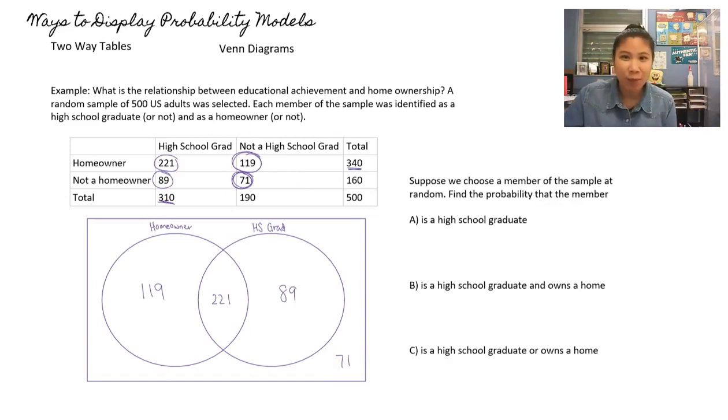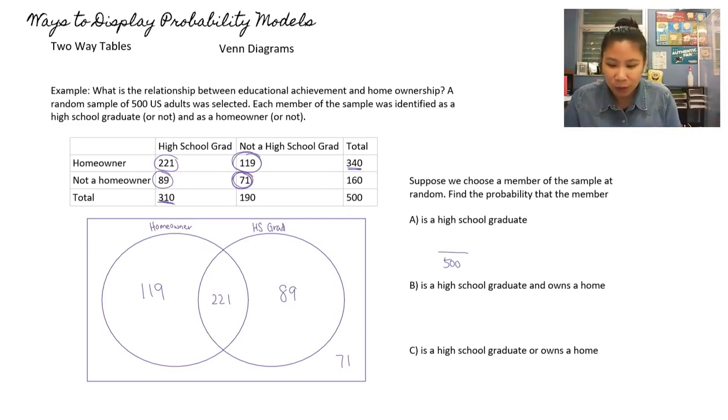Okay, so let's find some probabilities using either the two-way table or the Venn diagram. So suppose we choose a member of the sample at random, find the probability that the member is a high school graduate. So let's start there. If we're looking for a probability that the member is a high school graduate, we are looking out of all the people total, because we are looking for members of the sample and there are 500 total. So I always start by listing out what is the total number of items that I can have, or what is the total, the sample space.